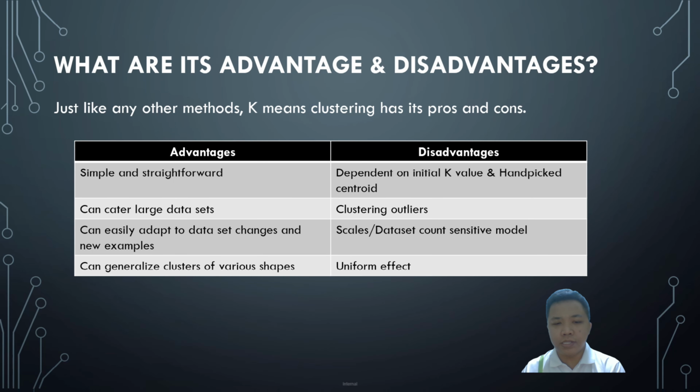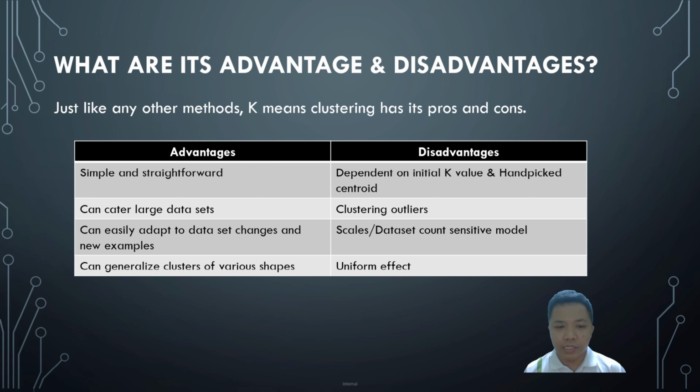Of course, just like any other method, k-means clustering also has its advantages and disadvantages over the others. One of its advantages is that it's very simple and straightforward. As I mentioned, you have your data set, identify points, calculate distance, and repeat the process over and over again until you minimize your variance and achieve that optimal setup.